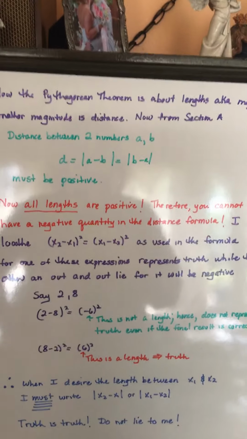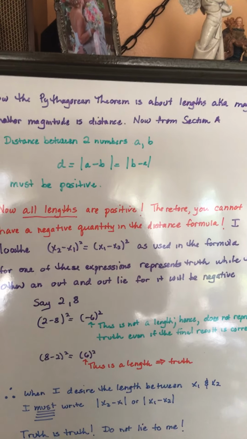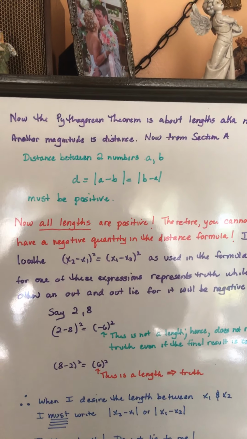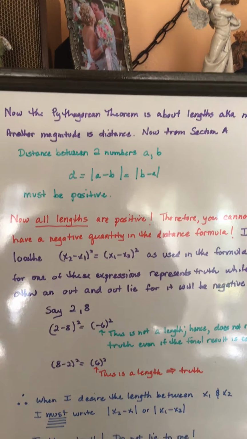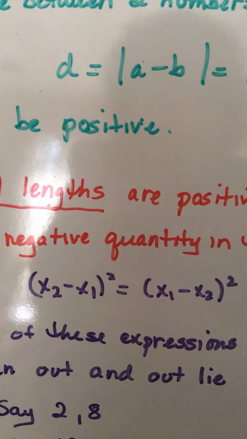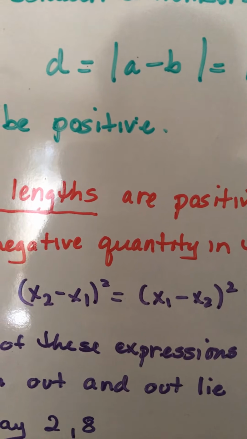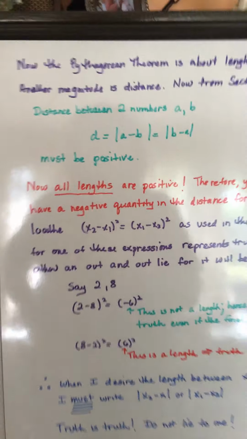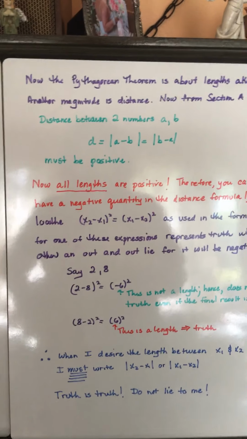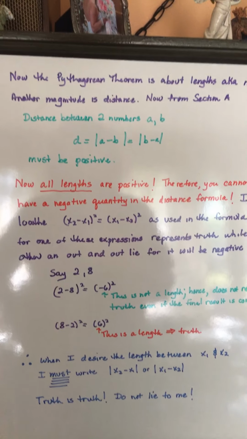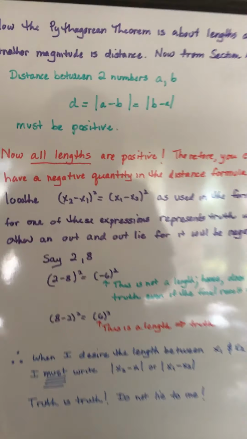Now, please understand that we're in the real world, so all lengths are positive. Therefore, you cannot have a negative quantity in the distance formula. I personally loathe the notation they use in the distance formula, which is the quantity squared, because it does not represent the true truth, and it actually gives you a lie, even though mathematically they're equivalent.